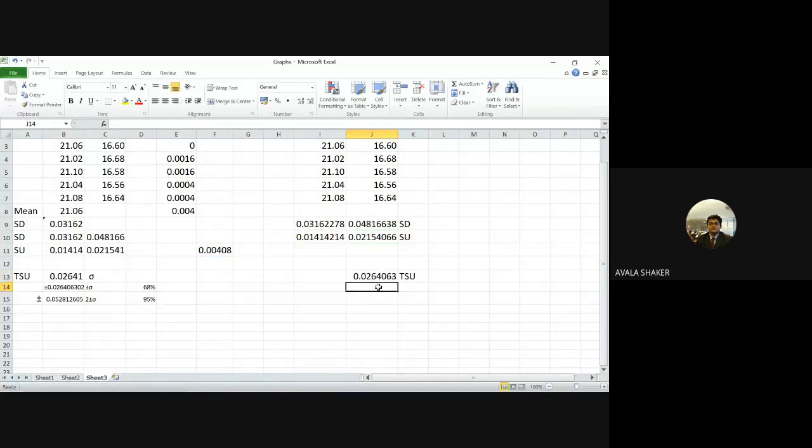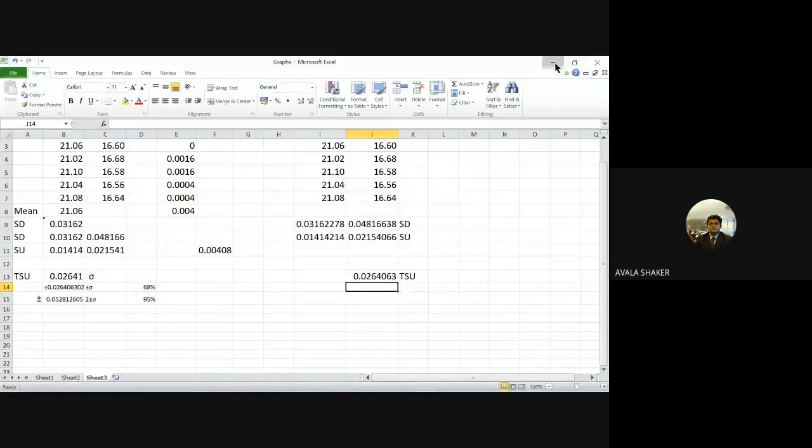I took this value, but it should be the square of this and then the square root of it. So this is the total standard uncertainty which we have.